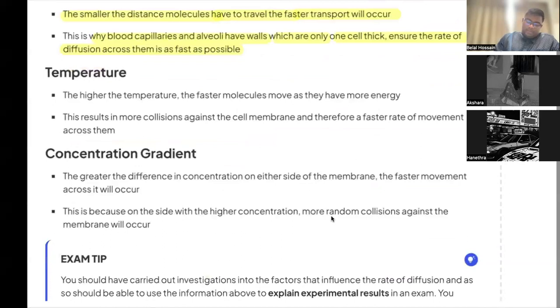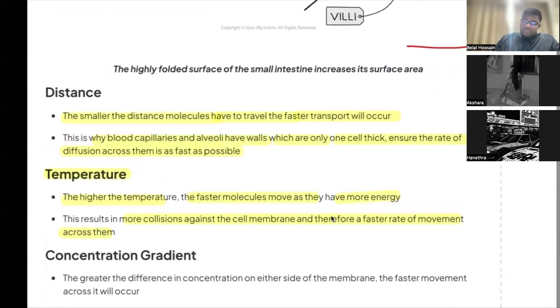Moving on, temperature. The higher the temperature, the faster the molecules move as they have more energy. Since they will collide with the cell membrane more often, there will be a faster rate of movement across them. That means higher temperature equals faster diffusion.